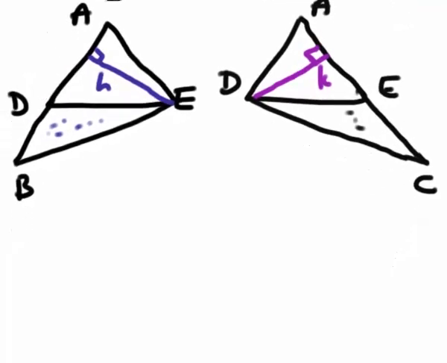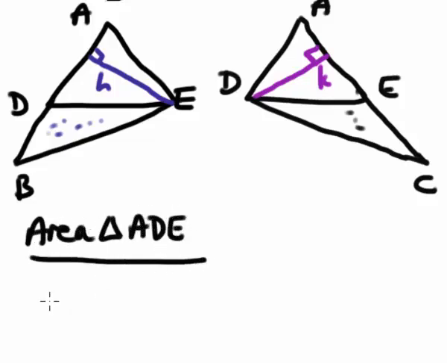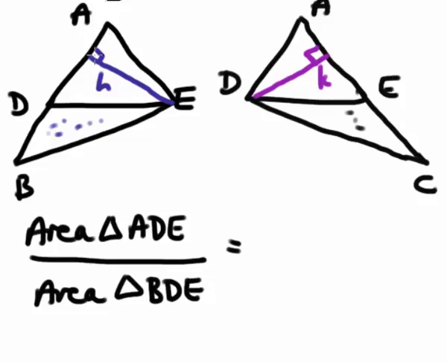We can say the area of triangle ADE divided by the area of triangle BDE. If you look at this one here, the area of triangle ADE is a half the base, which of course is AD, multiplied by the height, which is h.